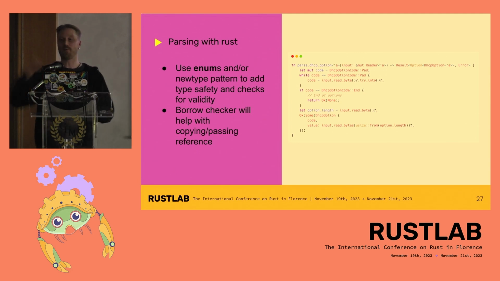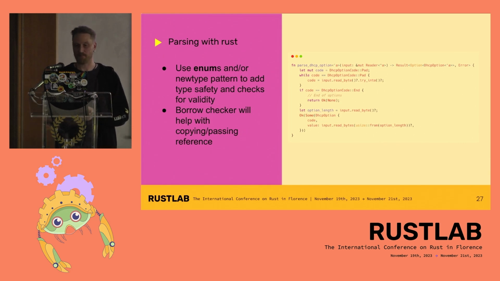So if you need to pass this information somewhere else, it's just an integer, and if you are passing integers around, there's no type information or context around it. You do not know whether or not this was already validated. So it's much safer to use these enums as a type safety mechanism, so that you always pass these enums to parts of the program that expect a DHCP option code, for example.